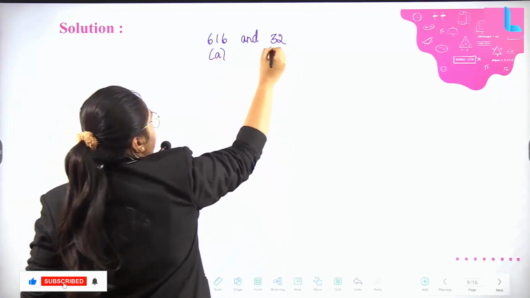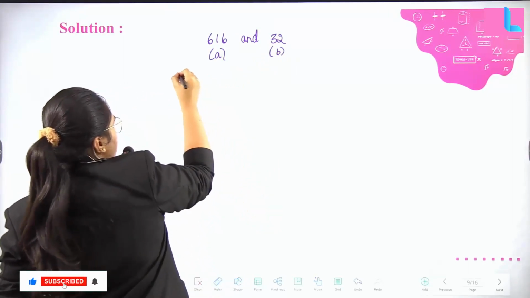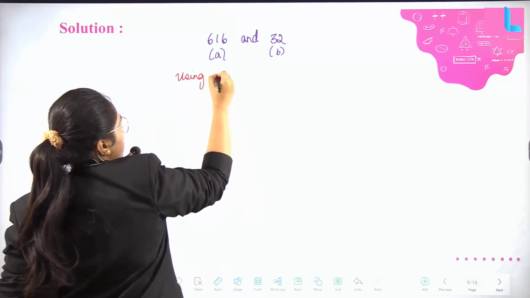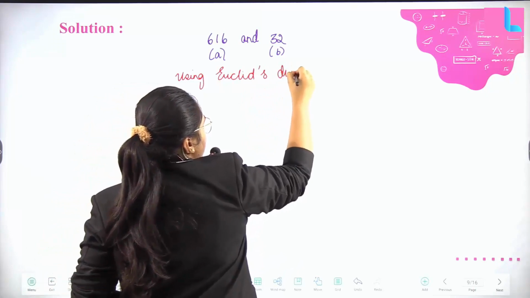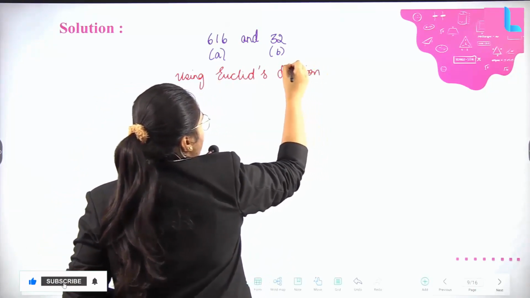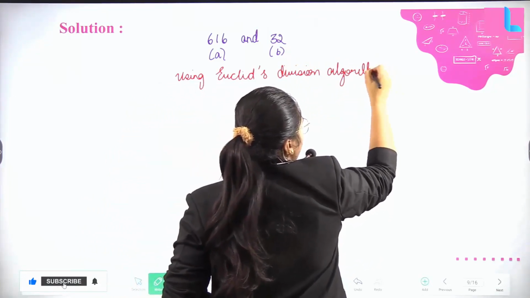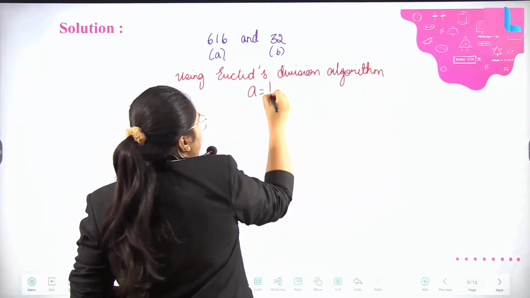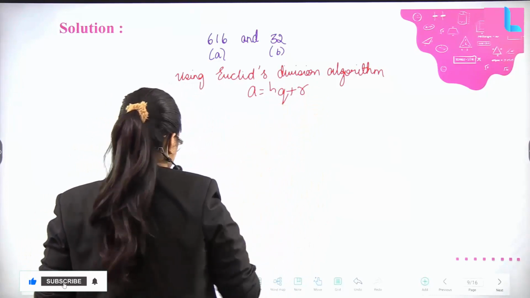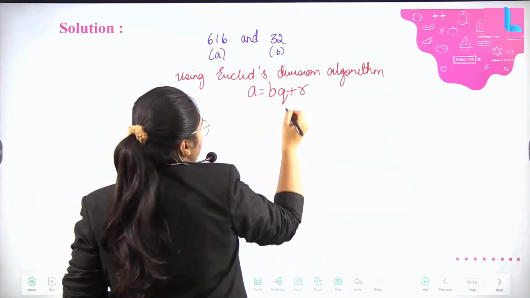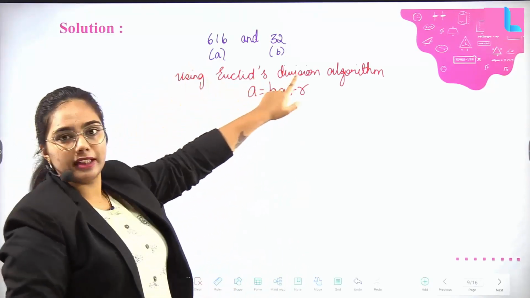Here the bigger number is A, the next smaller number is B, and the format is A is equal to BQ plus R, using Euclid's division algorithm. Here, A is 616 and B is 32.